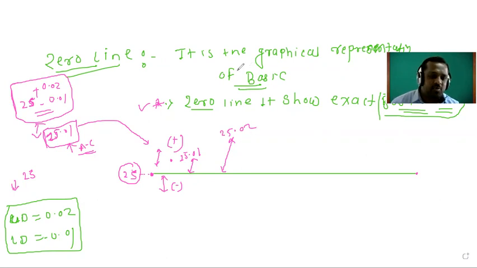And suppose sometime it will come into negative also, na? Sometime it will be negative. कशी येईल नेगेटिव्ह मध्ये, 24.99.